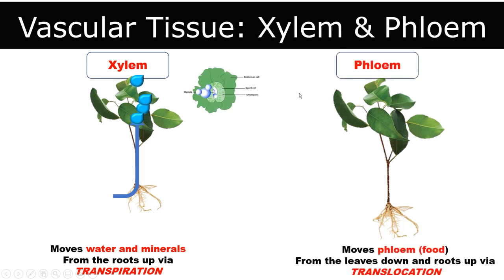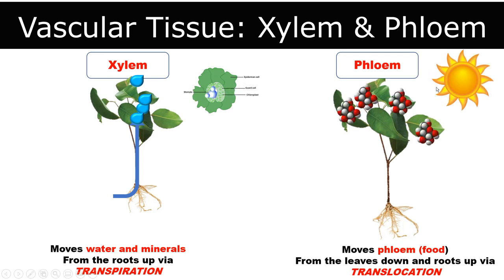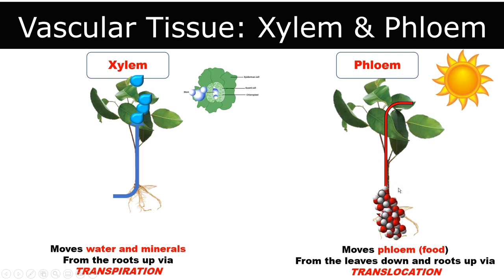And so phloem, on the other hand, because there are these two tissues, phloem moves the food. Phloem is going to move a sugar that's produced in the leaves to the other parts of the plant. So sunlight is being used to do photosynthesis, which is creating sugar, and that sugar is being transported to various parts of the plant via the phloem, and that process is translocation.